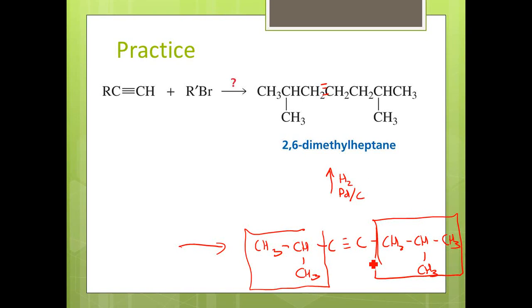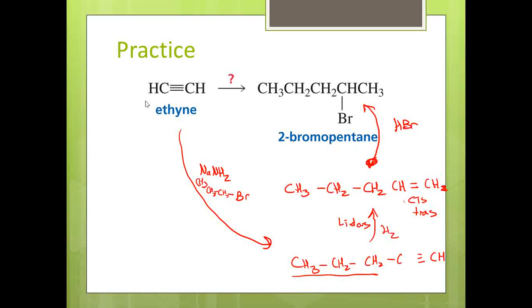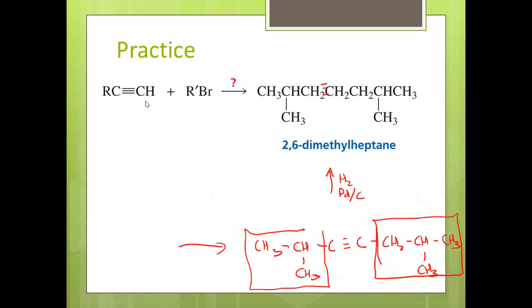Alright, so now I need to show how I made this from my two different components. So what I need to realize is that is one of my R's, and that is my other R. Now you might think it doesn't matter what my R's are, because I just need to connect one of these R's where that H was.